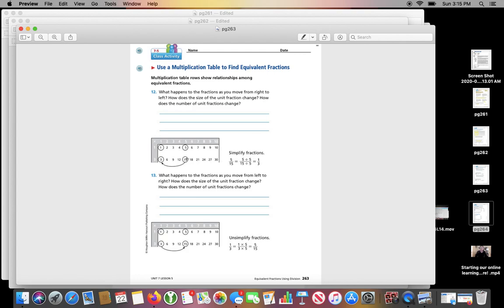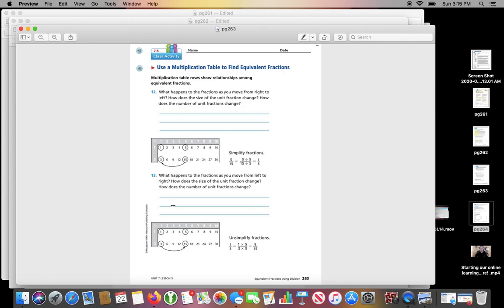The fraction stays the same. So 5/15 is the same fraction as 1/3. They are showing the same amount. However, the size of the unit fraction changes, right? My numerator and my denominator got smaller, okay? Because like the first video said, the number of pieces in the group size changes, all right?